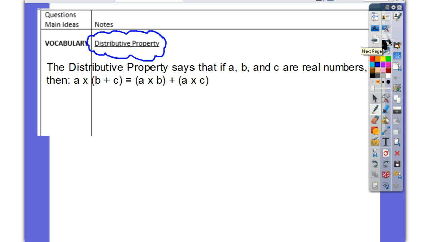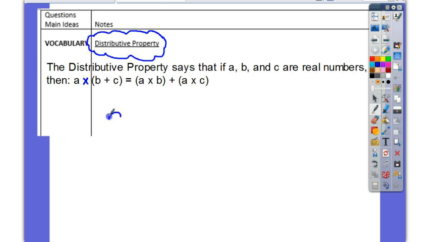The distributive property says that if A, B, and C are real numbers, then A times B plus C equals A times B plus A times C. But underneath it, I want you to write this example because in my mind it's easier to understand. It's not always going to have the times sign there.